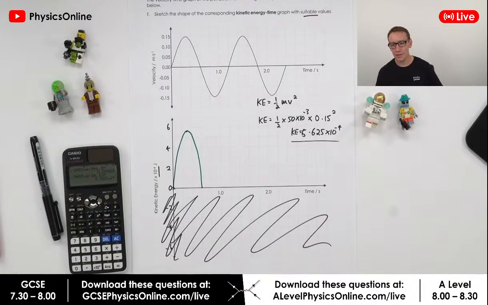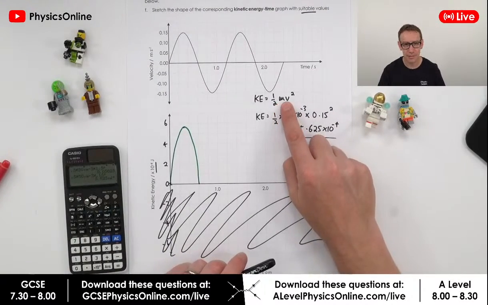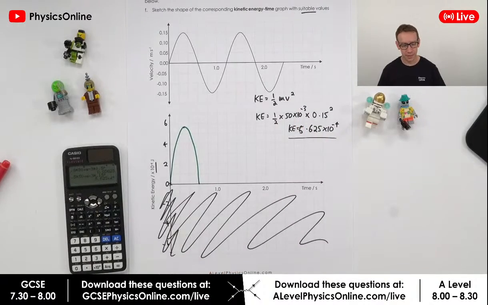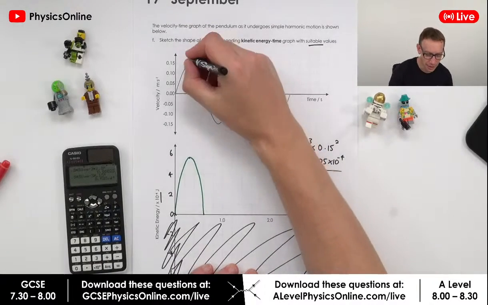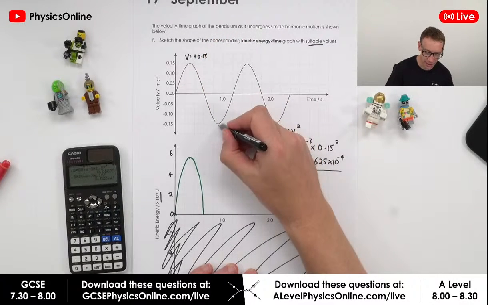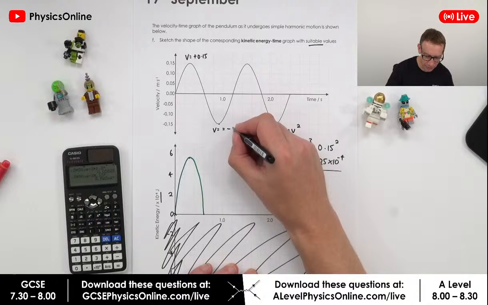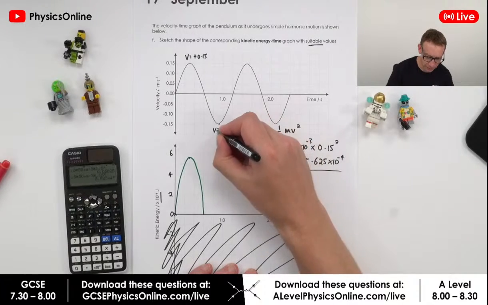Now, the reason you cannot have negative kinetic energy, and that is a great question, is because what we have over here is a half mv squared. Say, for example, at this point over here, our velocity is plus 0.15. Here, the maximum negative velocity is going to be equal to minus 0.15.